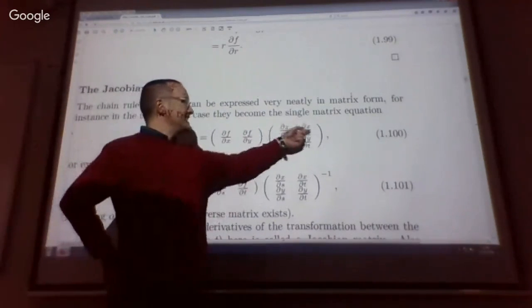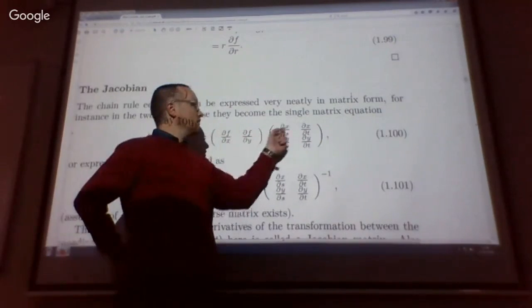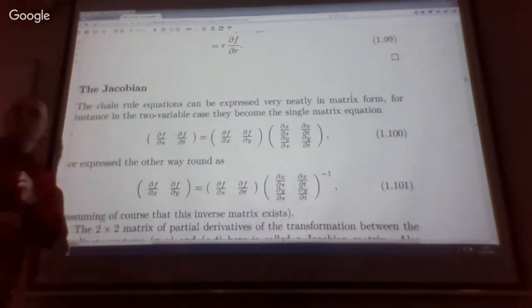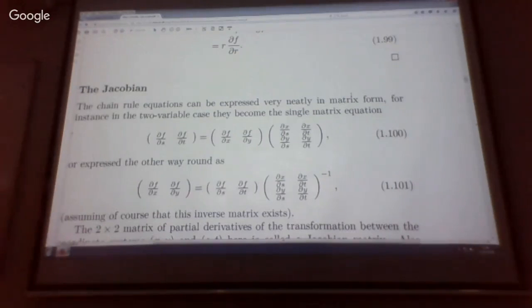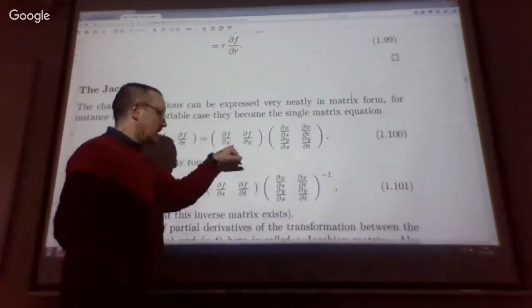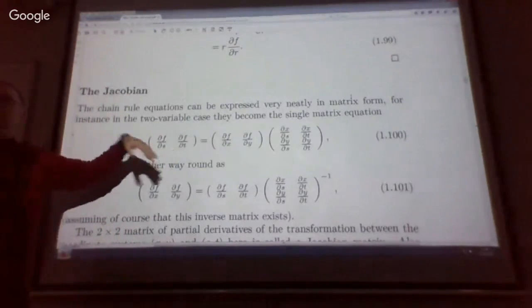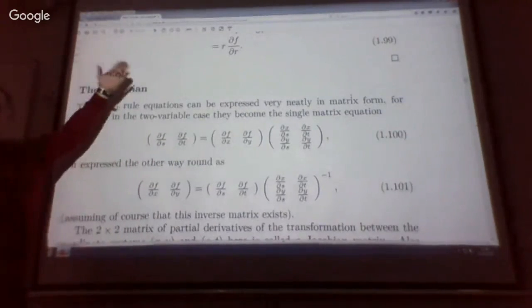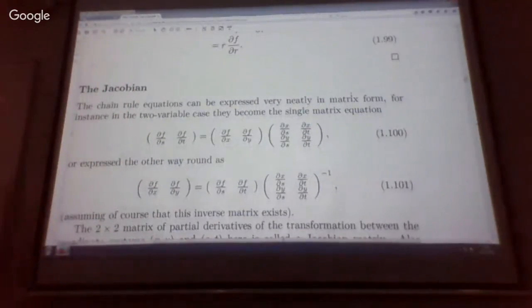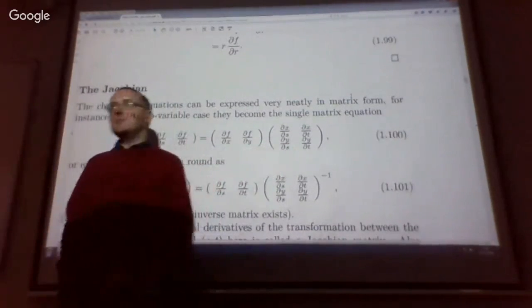And it is itself a 2x2 matrix of all the possible partial derivatives you can do with respect to differentiating x and y with respect to s and t. Laid out very carefully and precisely. If you multiply these two matrices here and equate them with this row vector, you do recover exactly the two chain rule equations we put down previously. So this matrix is termed the Jacobian matrix.